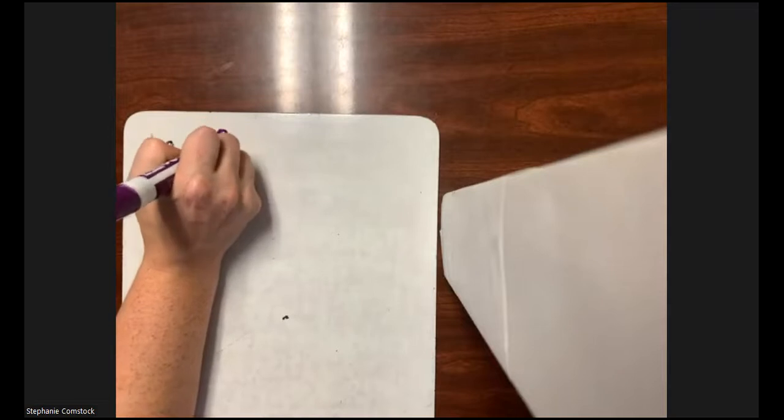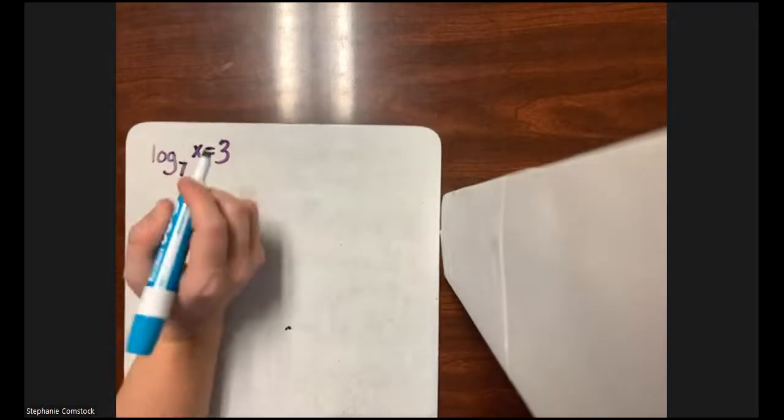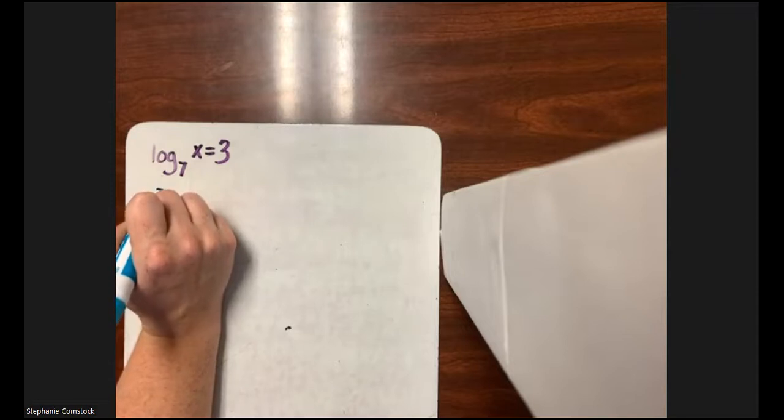Okay, so the first one that we're going to deal with is log base 7 of x equals 3. Now, we're not worried about necessarily solving this. We just want to get it into its other format because our brain does not process well in this format. So we're going to switch its format. Because I'm in log form and I want to go to exponential, I'm going to use an E shape.